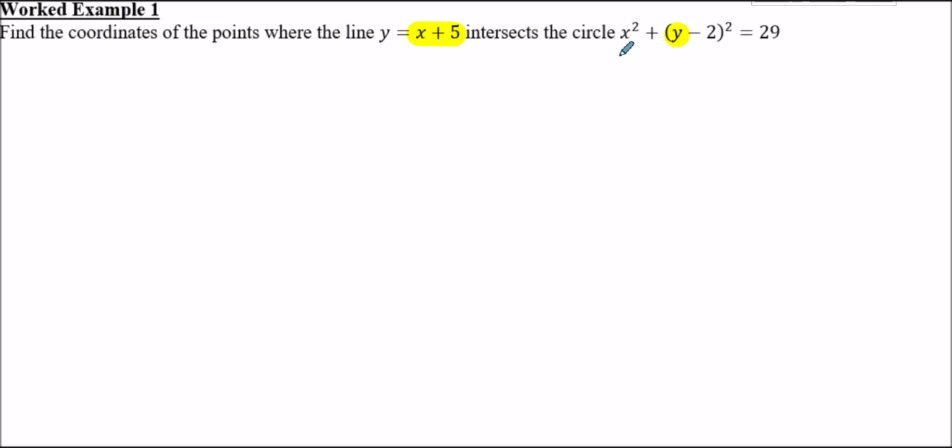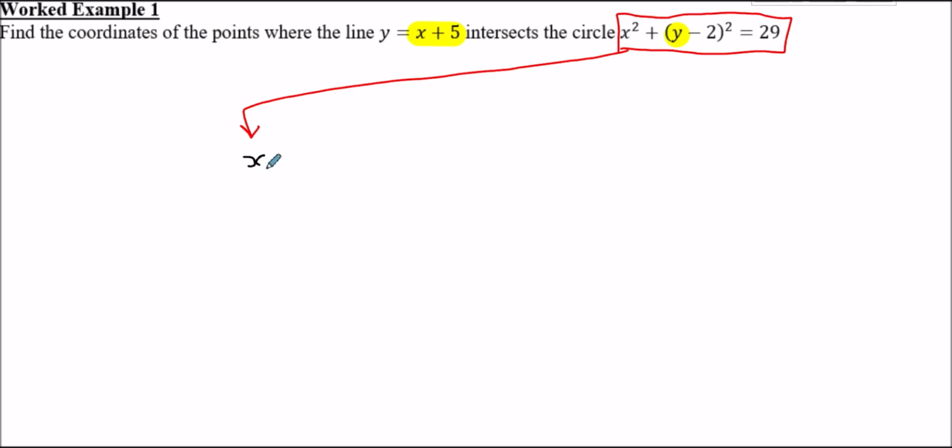And so if we do that, this formula here becomes x squared plus (x plus 5 minus 2) all squared equals 29, because all I've done here is subbed in the expression x plus 5 in place of y.